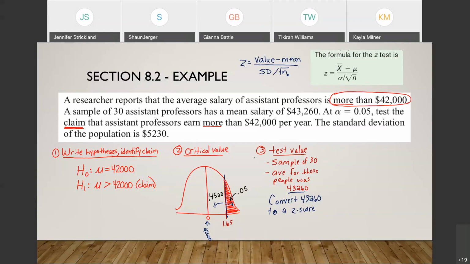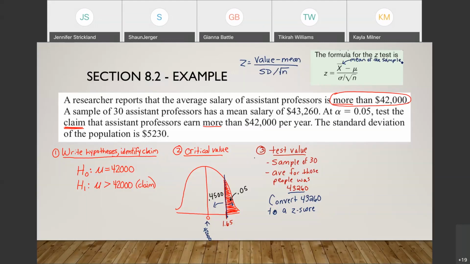But I wanted you to see the symbols because there are 2 issues you've got to really pay attention to here. The first is that you've got to be sure that the numbers on the top of that formula are in the right order. This X with the bar over it is the mean of the sample, and you've got to be sure that you put that first.